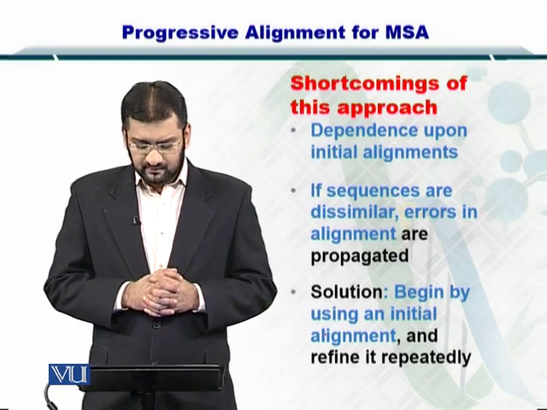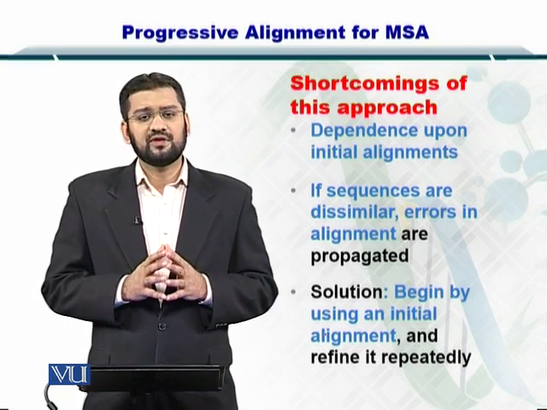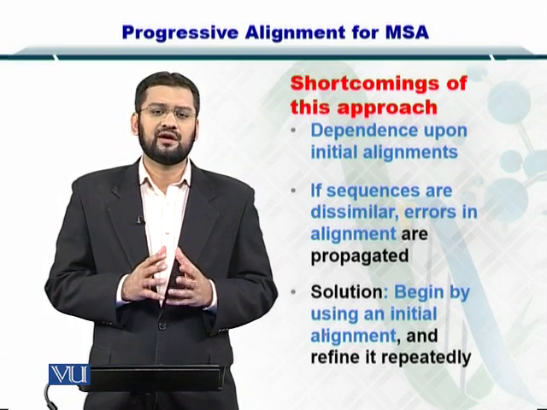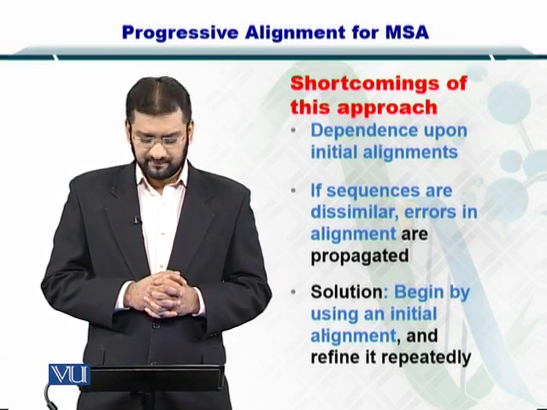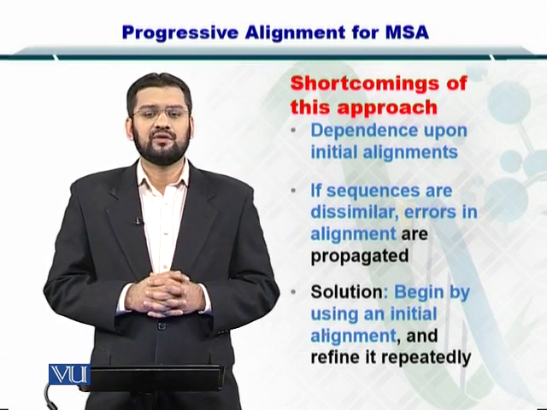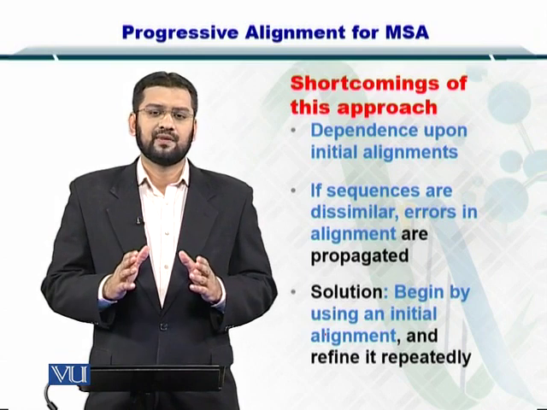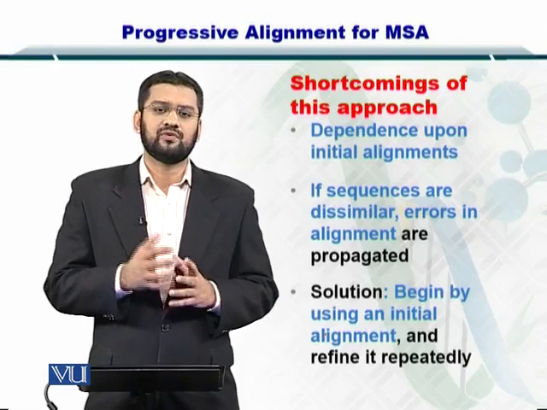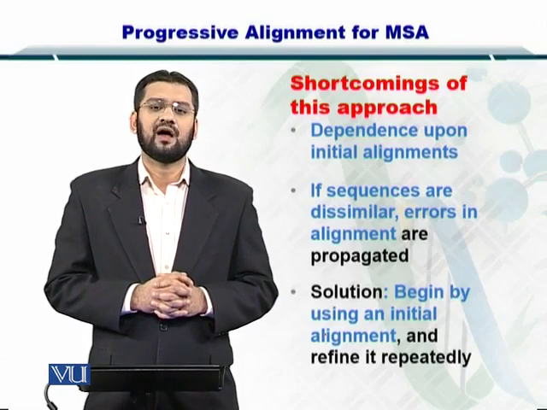Also, if the sequences that you use are dissimilar, then this can introduce an error in your alignment as well. And lastly, to overcome this, what you do is you create a guide tree, and then you repeat the process to create better and improved version of the guide trees, that is iteratively.